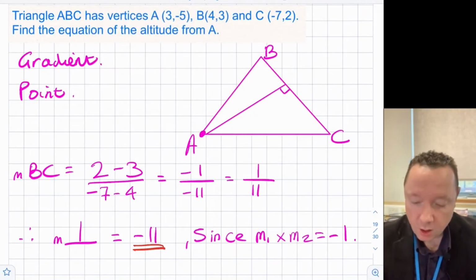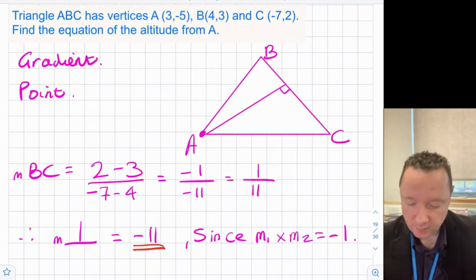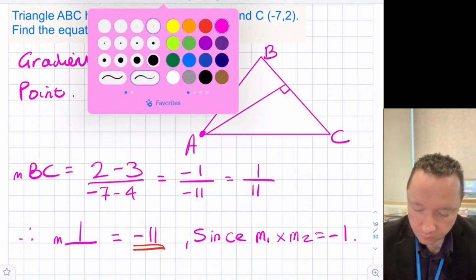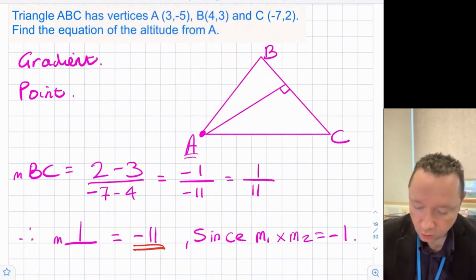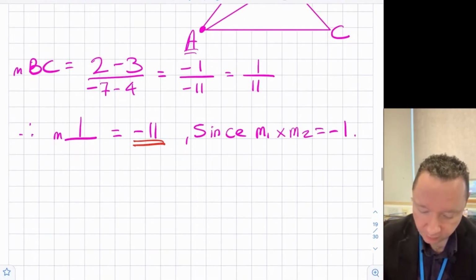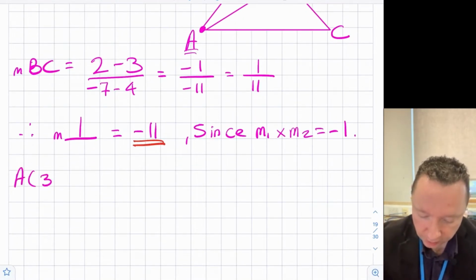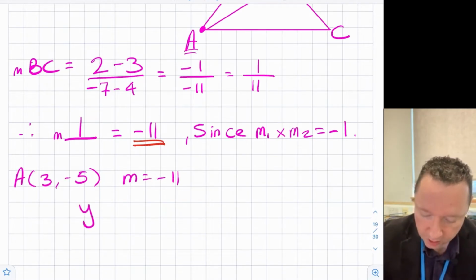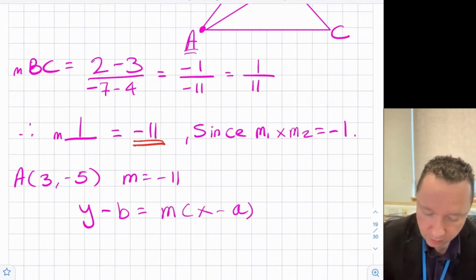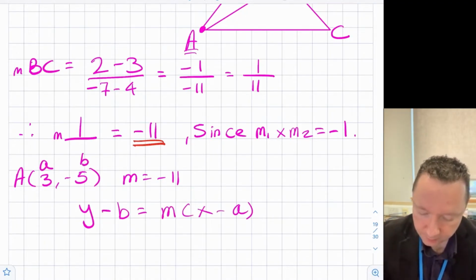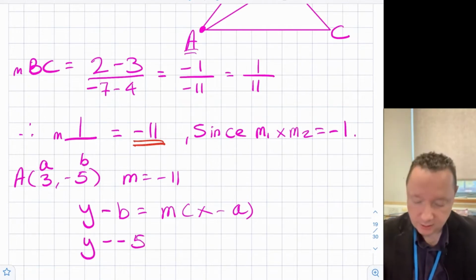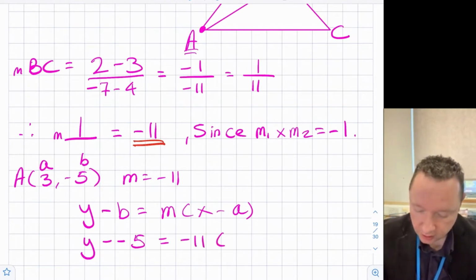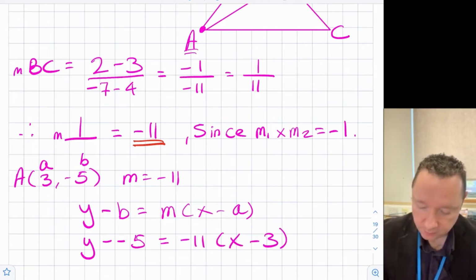We now also need the point, and use y minus b equals m(x minus a). Remember, we're using this point A, which is (3, -5), and our gradient, which is -11. Y minus -5, watch out for your double minuses, equals -11 times (x minus 3).